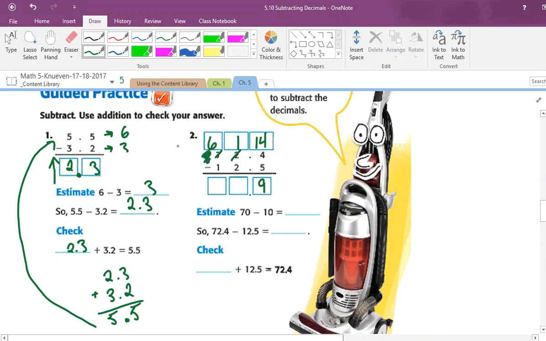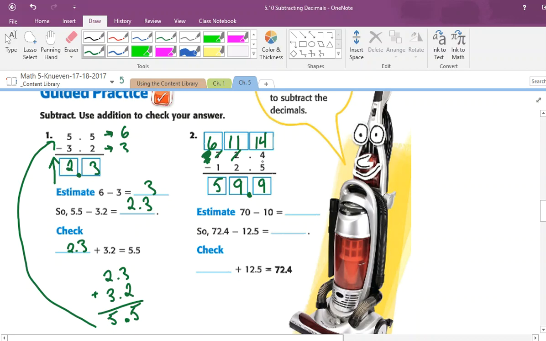I get in the habit of writing them down there. And now I borrow the 1 from the 7, it became a 6, so that 1 goes over to the 1's place to the right, and now I have 11. So 2 from 11 is 9, and 1 from 6 is 5. I bring down my decimal point, so I get 59.9.